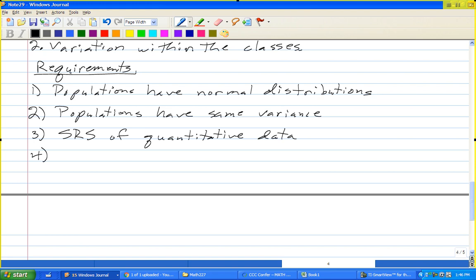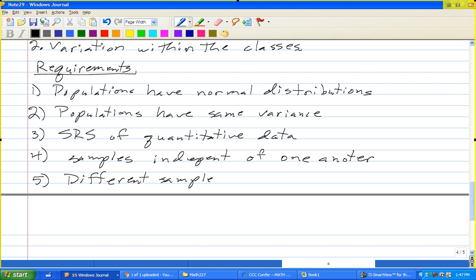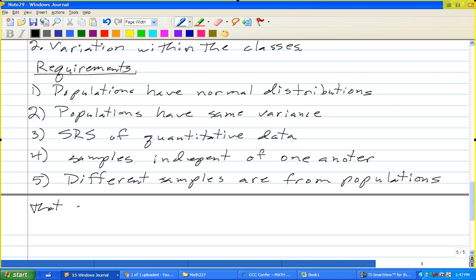Next, I assume independence. Next, these different samples are from populations that are categorized in only one way.